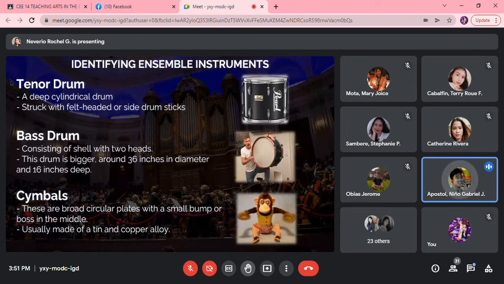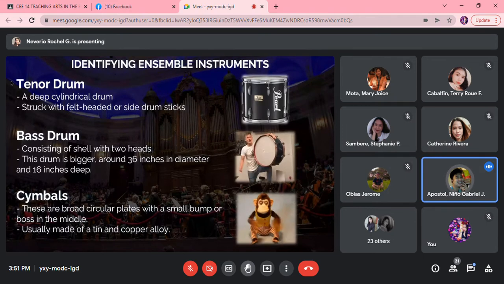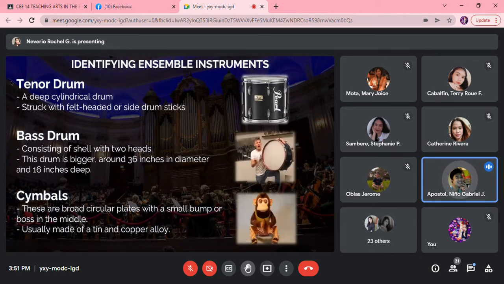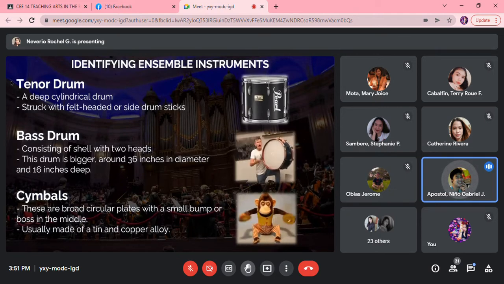And then next natin is the bass drum. It consists of a shell with two heads, and this drum is bigger, around 36 inches in diameter and 16 inches deep. So, yung bass drum is the largest of all drums. And commonly gets referred to as the kick drum or the kick. Pero in drum and lyre, bass drum lang talaga yung tawag sa kanya.